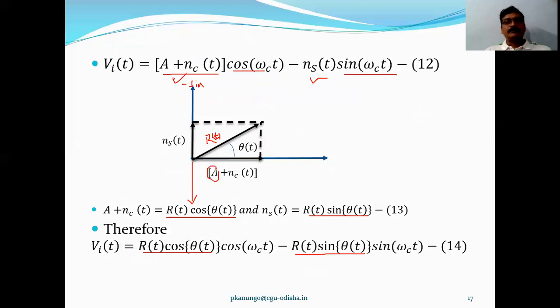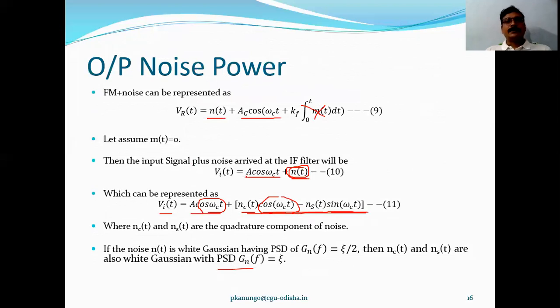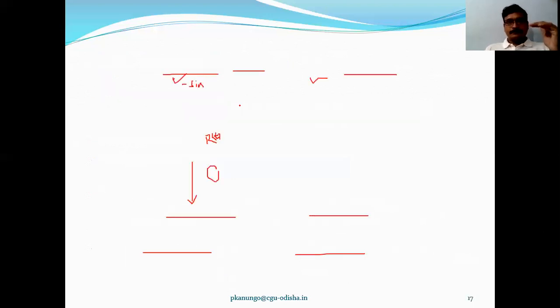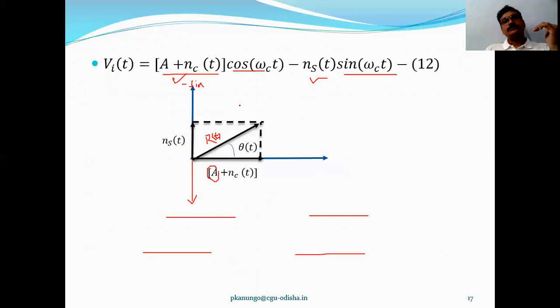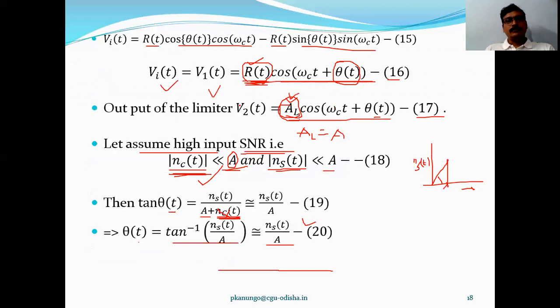This A comes from the input FM signal with m(t) equal to 0, where we assumed A cos(omega_c t). Here the carrier amplitude A_c is equal to A. So A is the carrier amplitude, and A_L is the maximum value of the amplitude limiter output. So please change this: A_L is not equal to A.